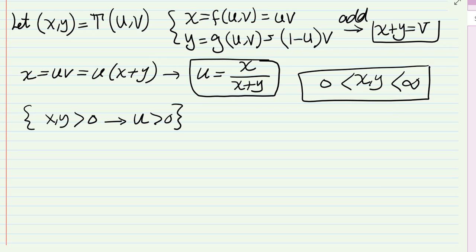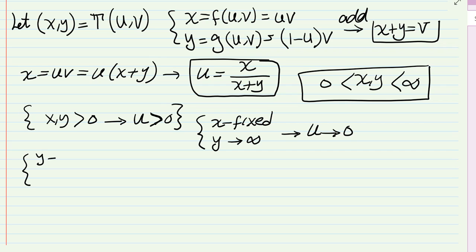What happens around infinity? Suppose x is fixed and we allow y to go to infinity, then u approaches 0. And it has to approach 0 from the right, correct? Because u is positive, so it can't be negative. So u is going to approach 0 from the right.